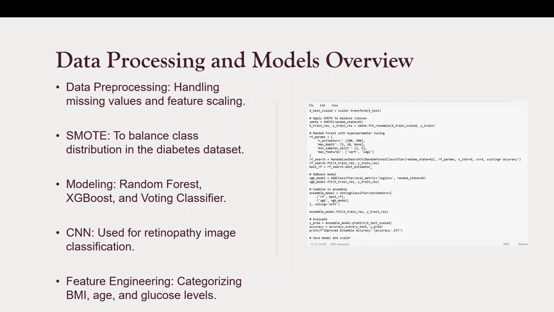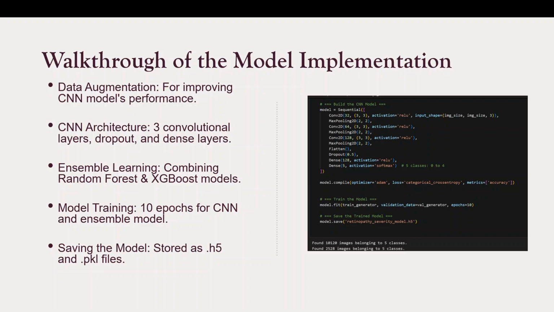CNN is used for retinopathy image classification and is effective for image-based tasks, consisting of convolutional, max pooling, and dense layers. The retinopathy model uses data augmentation to expand the dataset and reduce overfitting.